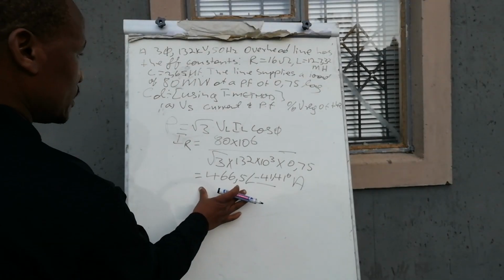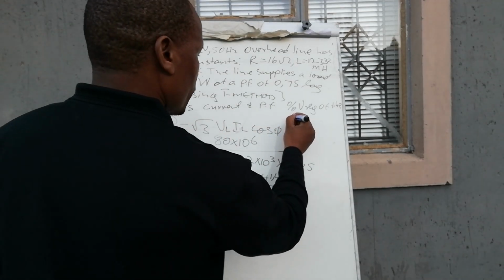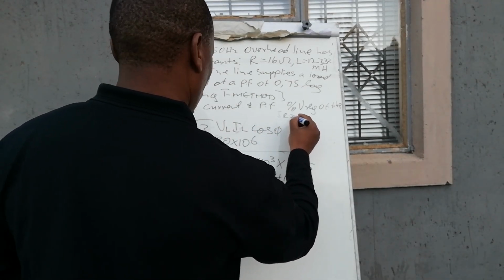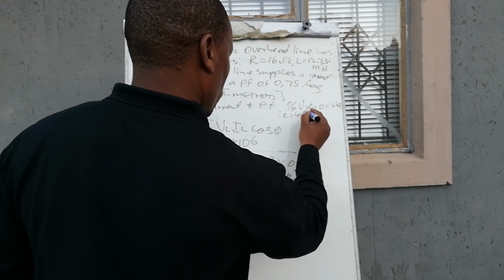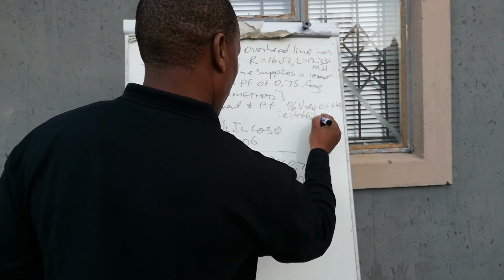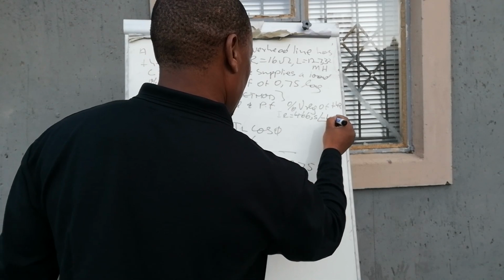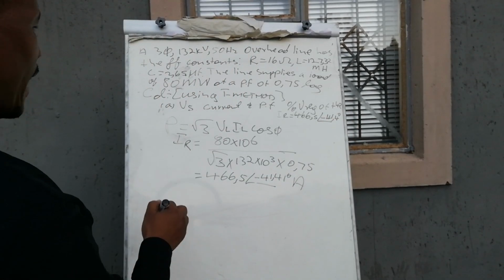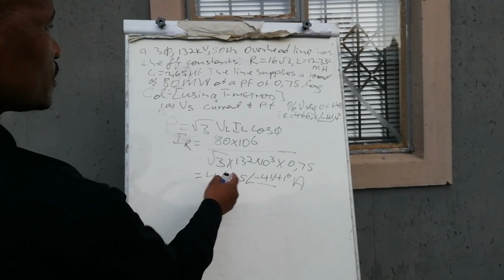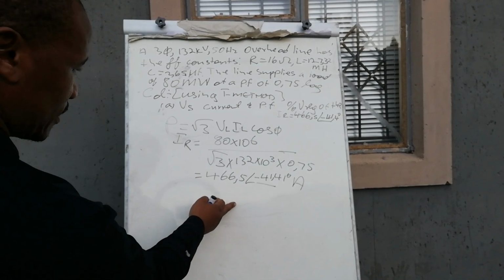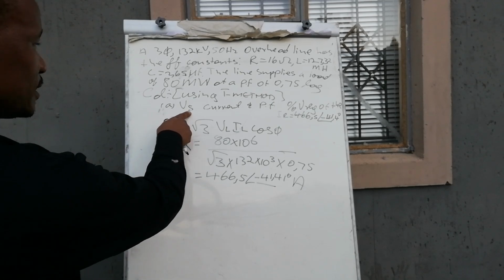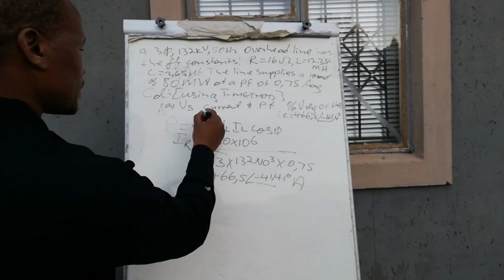Now, we've got this. Let me write it there in case I'm about to delete. IR is equal to 466.5 at minus 41.4 degrees. Right. Now that I've got this, where to now? I've got IR. And I'm to calculate what? The sending end voltage. What is the sending end voltage?